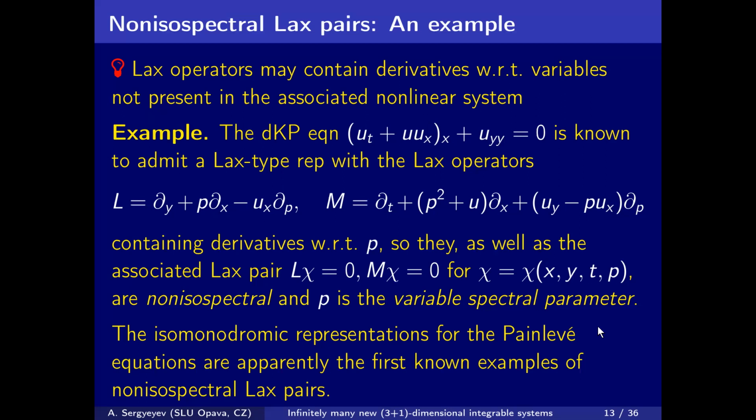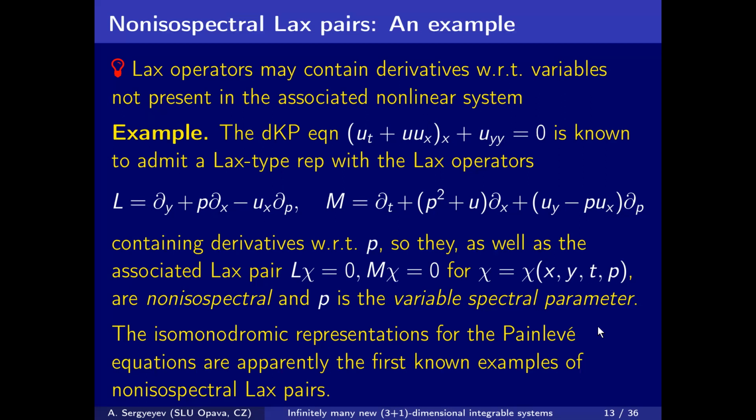So one such example where we need it is the so-called DKP or dispersionless KP equation. Okay, so it is known that for it we have a Lax pair with the operators L and M shown here. And please note that P that shows up in L and M is an additional variable not contained in the DKP equation itself.